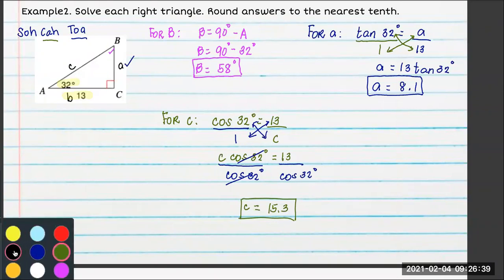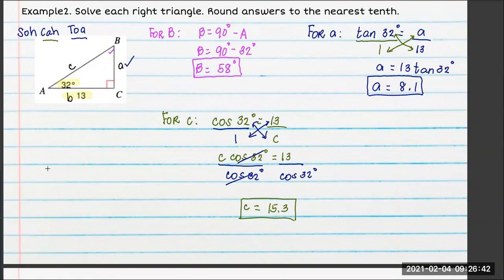Okay, let me just put a summary right here. To find a side, if the side is missing, we need to use either sine, cosine, or tangent, depending on what's given.